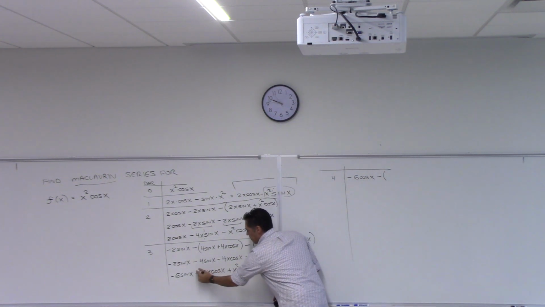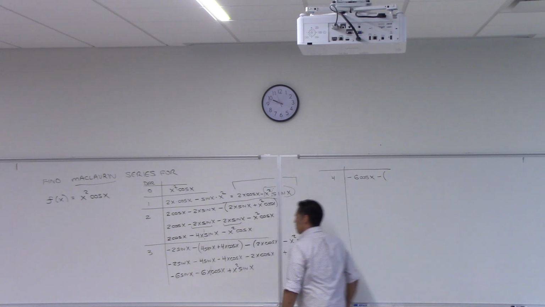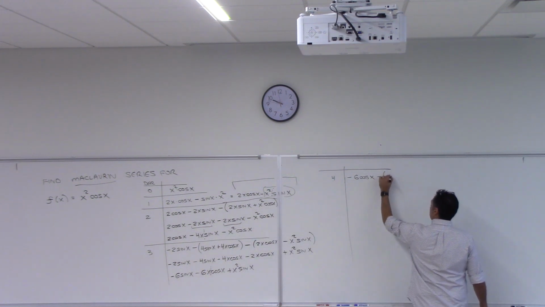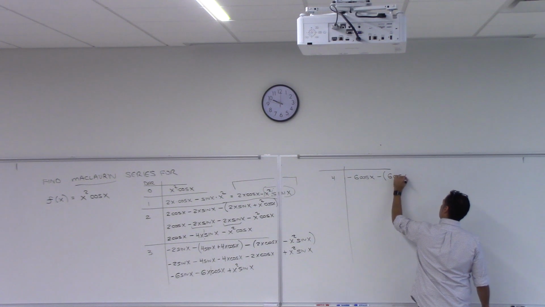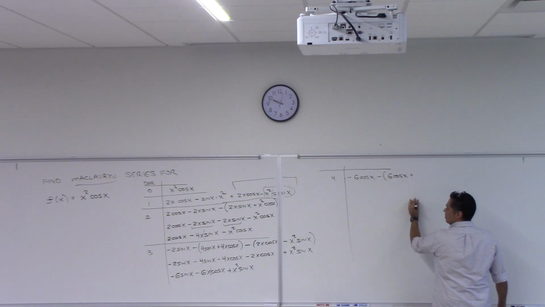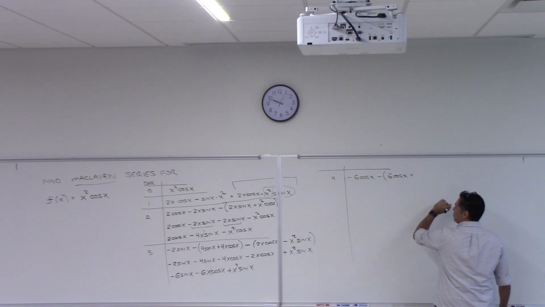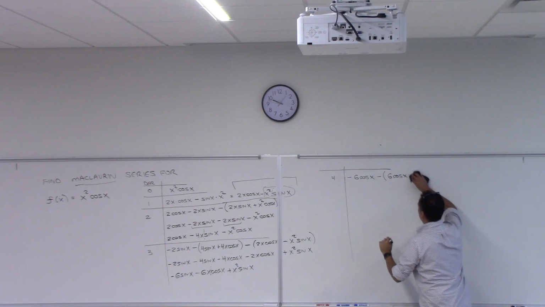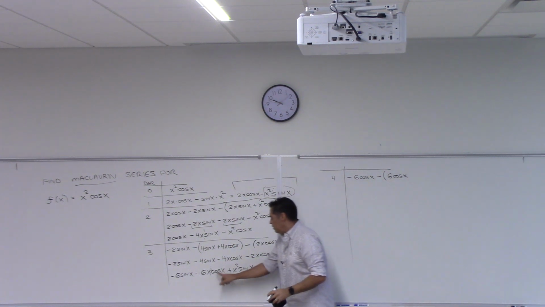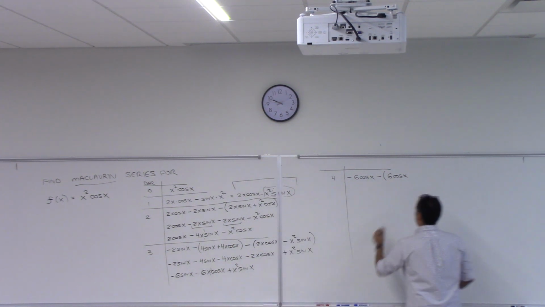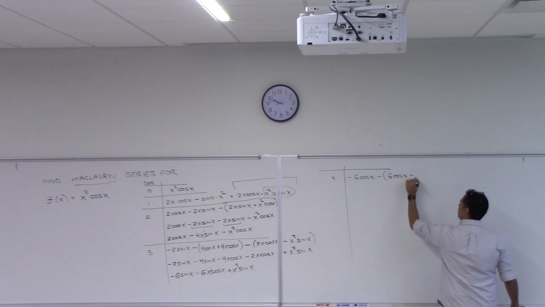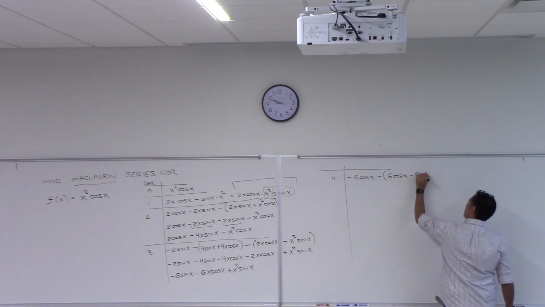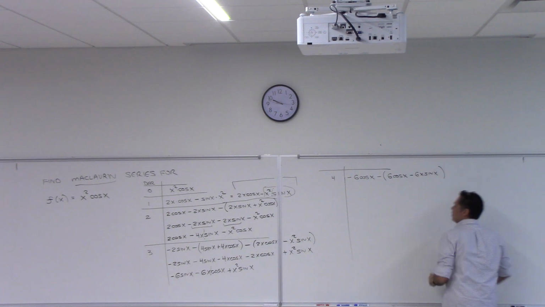So forget that minus. I'm doing a product right there. So what is it? 6 cosine x plus, but then the derivative of cosine is negative sine. So minus 6x sine x.